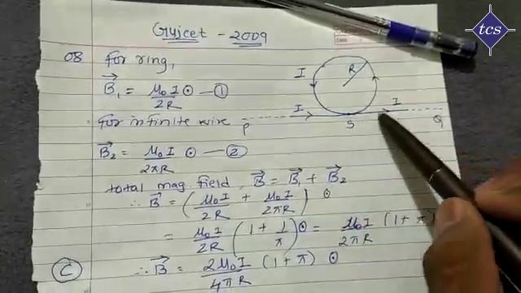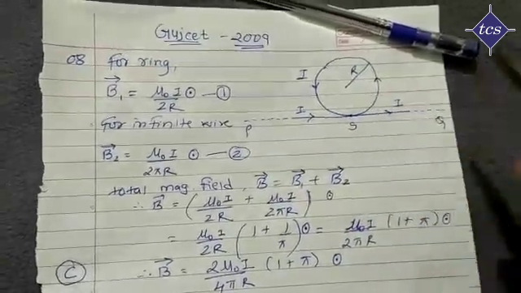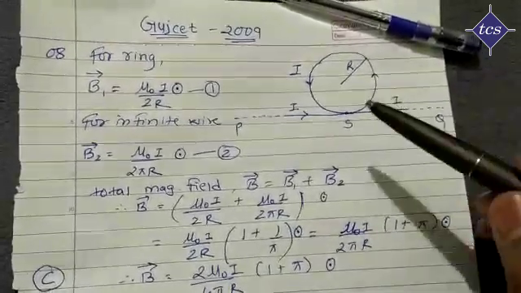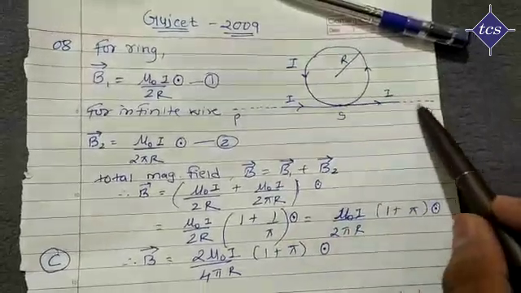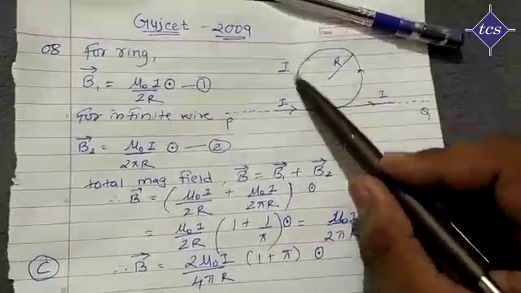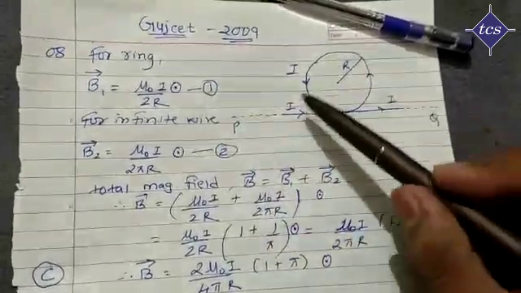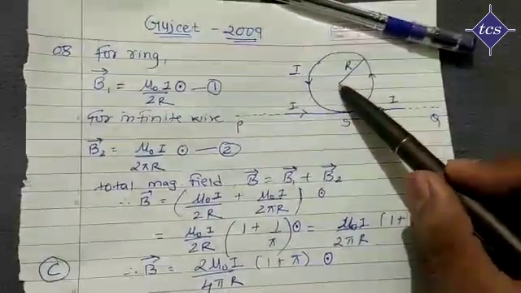Now this long infinite straight wire is converted into two parts. I consider this wire as two segments. First will be an infinite wire and second will be a ring. So first of all we'll find out for the ring what will be the magnetic field at the center of the ring.